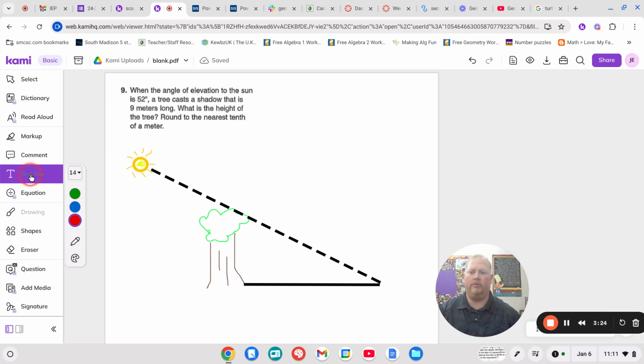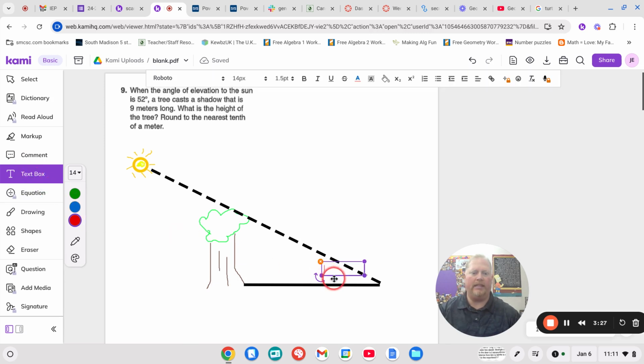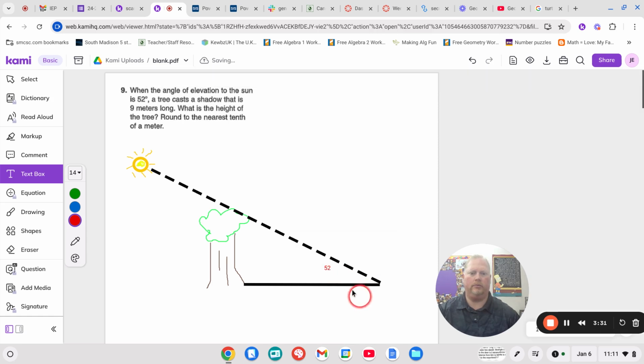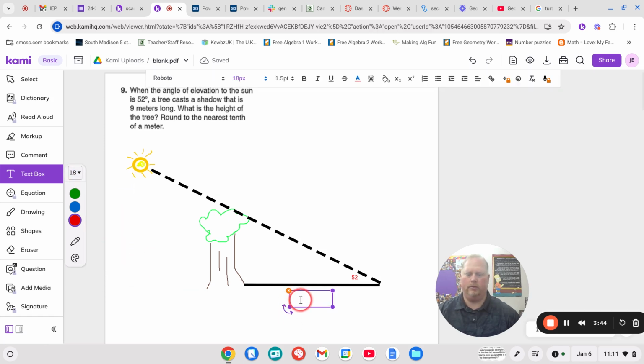So that means that this angle is 52 degrees. It says the tree casts a shadow that is 9 meters long. So I'm going to put a label of 9 at the shadow.